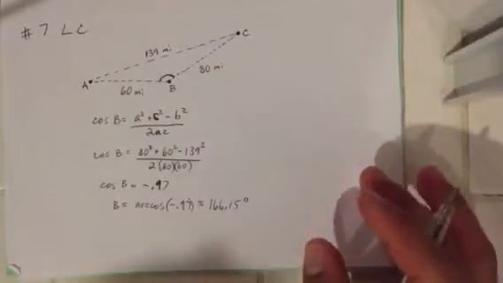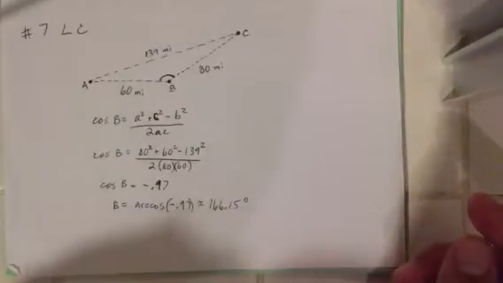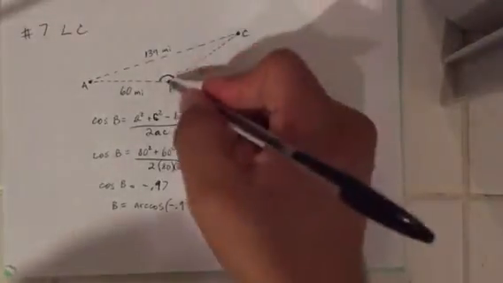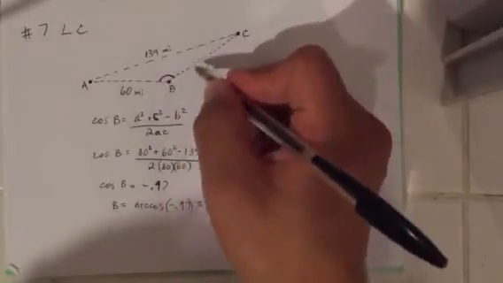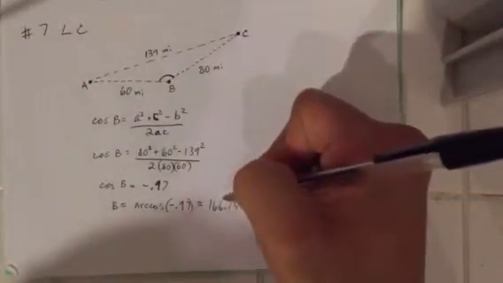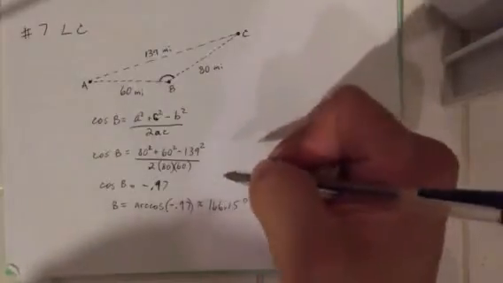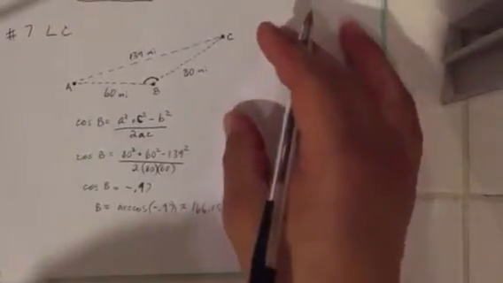Now, the problem is asking, describe the bearing from point B to point C. So the bearing from point B to point C is not 166.15 degrees. We have to think of this in terms of bearing.